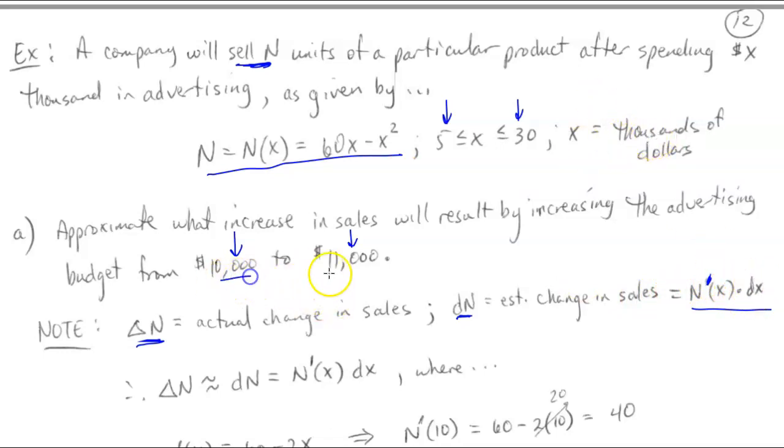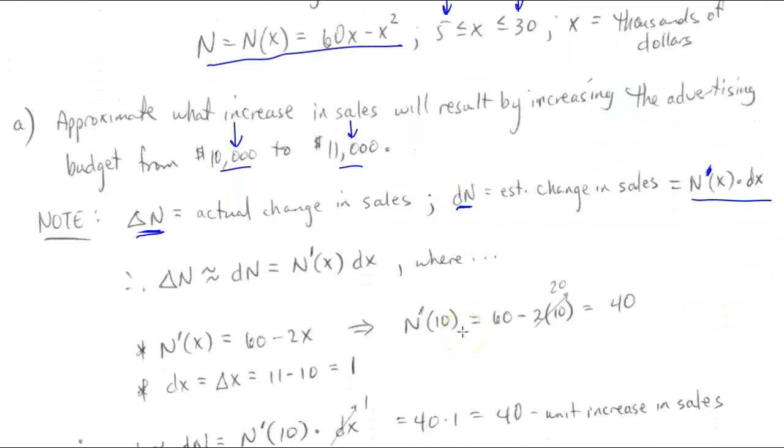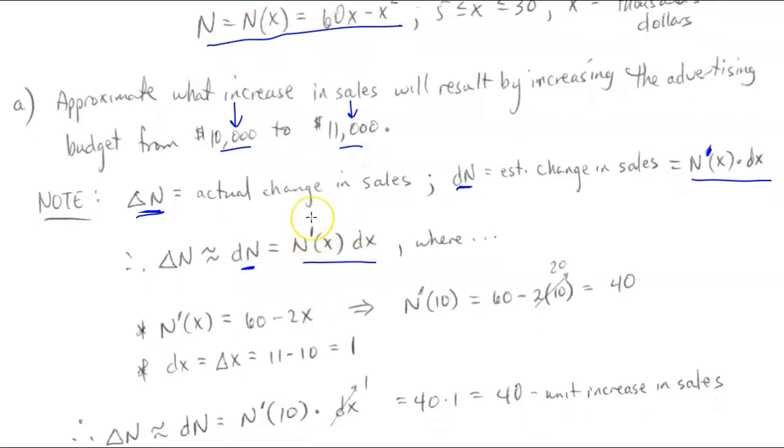And of course, in this case, the change is going to be a positive $1,000. Okay. And of course, we're going to be expressing everything in terms of x in thousands. So that's just going to be 1. So here we know that the actual change can be estimated by the differential. And we're just going to find the derivative of this and then plug in what's necessary.